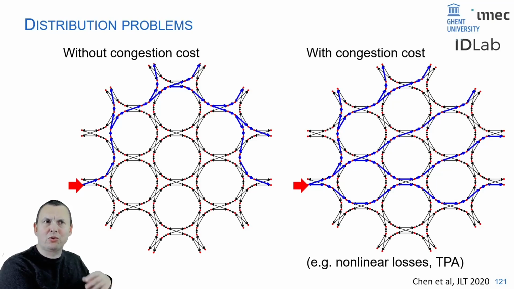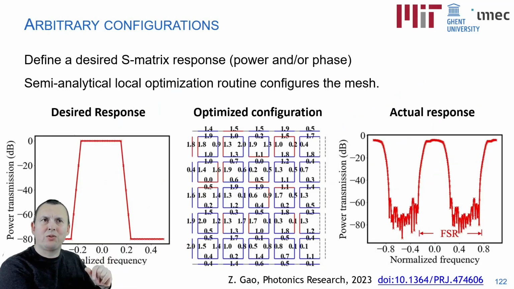You can also configure more complicated circuits. For instance, this is a collaboration we had with MIT where they developed an optimization routine to dynamically optimize the configuration of the mesh to implement any given transfer function, and do that starting from different starting conditions.